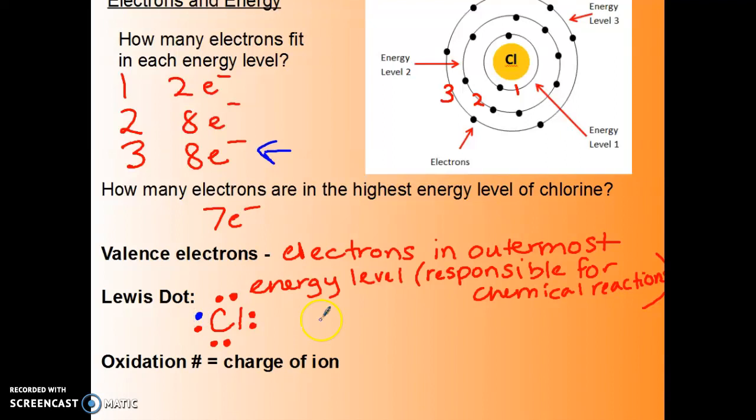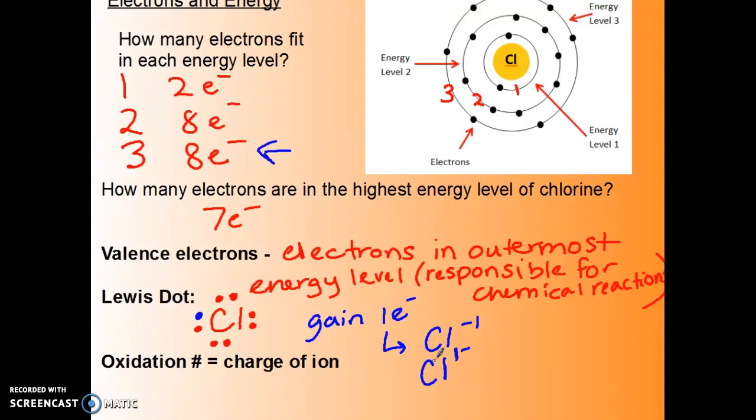Now, when it gains 1 electron, what does that do to the charge? That causes it to have a -1 charge. So if we write the symbol of the ion for chlorine, we would write chlorine with a -1 charge. You can also write it as chlorine 1-. Either way is correct. But most of the time for oxidation numbers, you'll see the number before the sign of the charge, positive or negative.